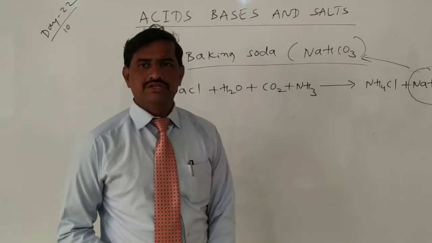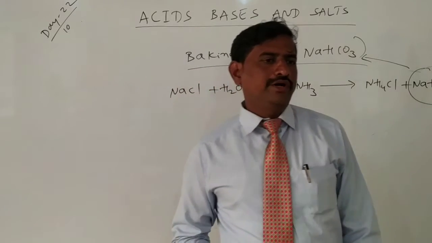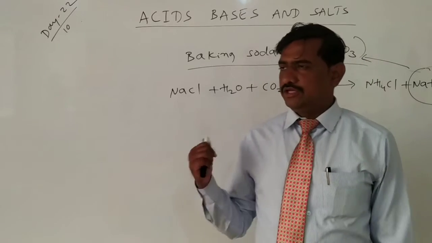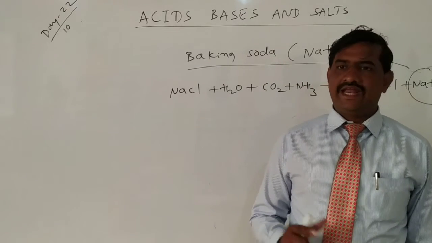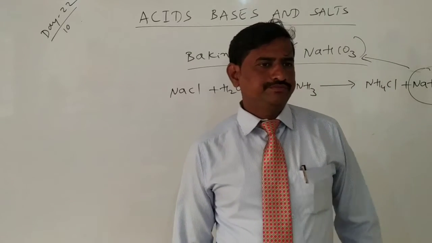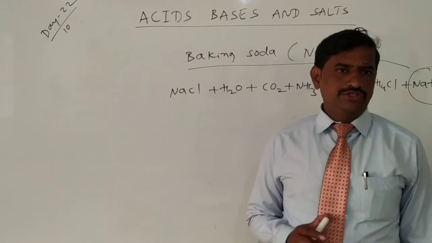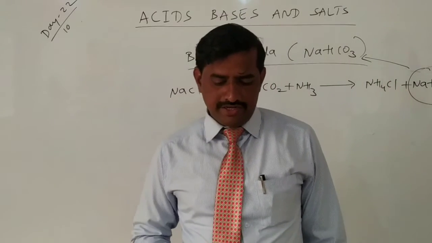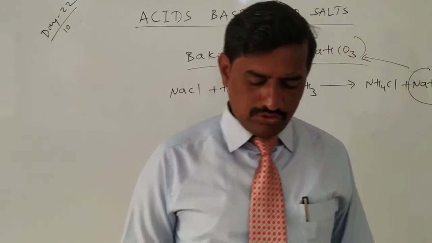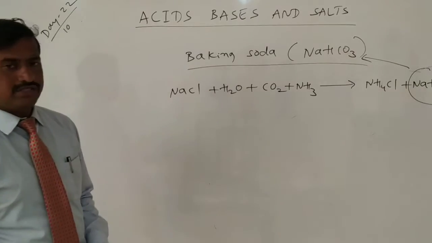It is used in the manufacturing of baking powder, which is used in bakery items and food, as an antacid, and in the soda acid fire extinguisher. So this is about baking soda. Next, by heating this baking soda, we will get washing soda.